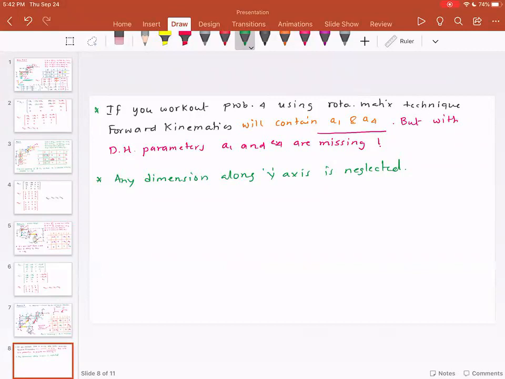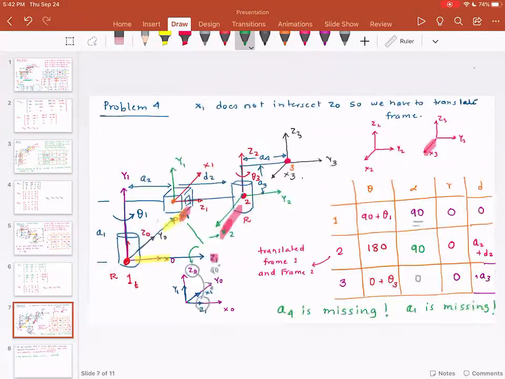Some of you may say, hey, then how come everyone is solving the problem with DH parameters? Because when they construct their homogeneous transformation and axes, they construct the axis in such a way that the important dimensions of the robot do not fall along the y-axis.